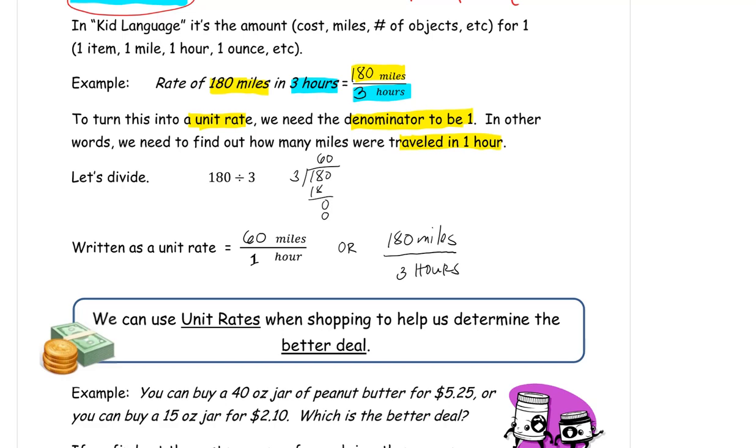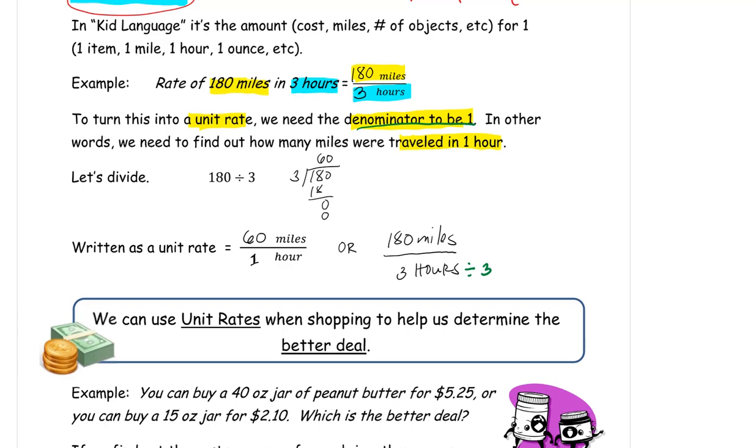Well, is it not that our aim is to make our denominator equal to 1? In order for the denominator to equal 1, we just have to divide this by the same number, because 3 divided by 3 is equal to 1.